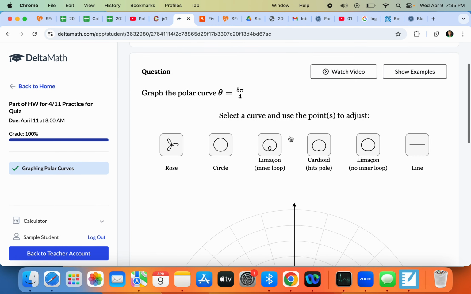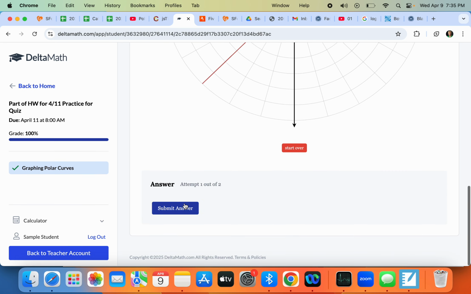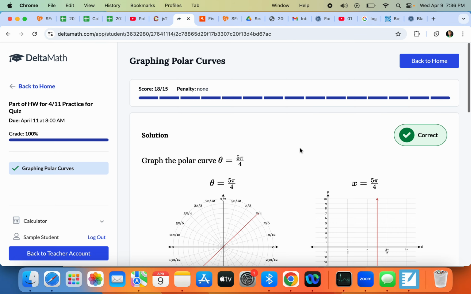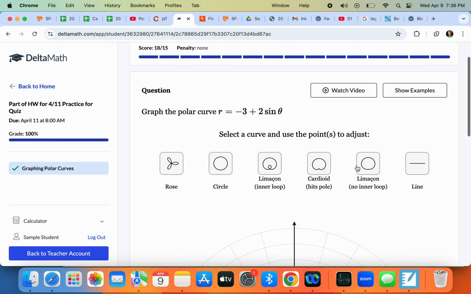All right, this one happens to be one we've had before, 5 pi over 4. This one is where the inside number is less. If the numbers are the same, it's this one. If the inside number is bigger, it's this one.